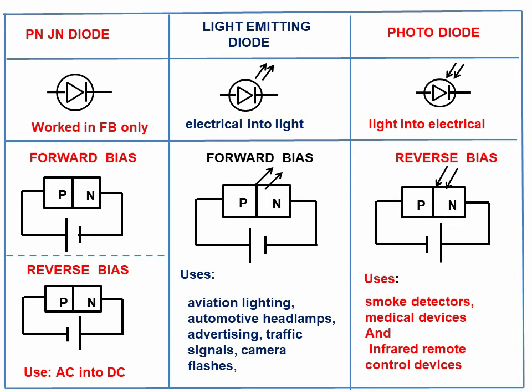The last one is the photodiode, with its symbol, and it works by converting light energy into electrical energy. It works only in reverse bias. The uses of photodiodes are smoke detectors, medical devices, and infrared remote control devices.